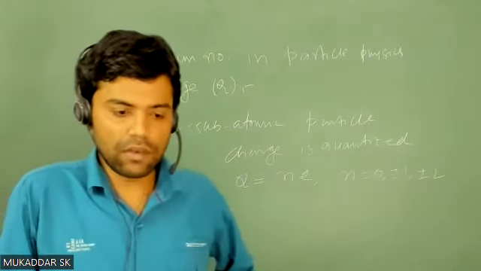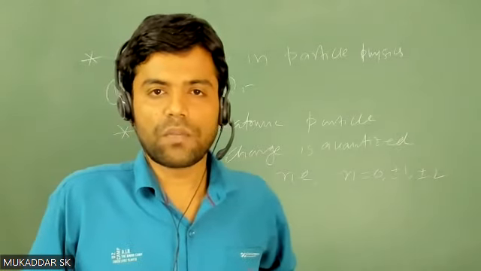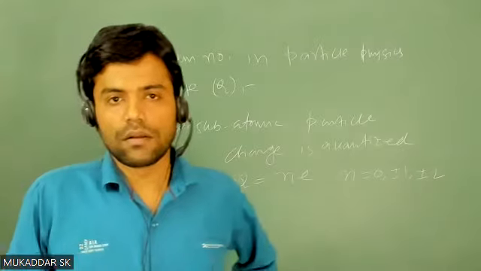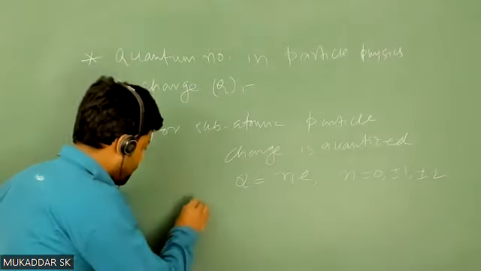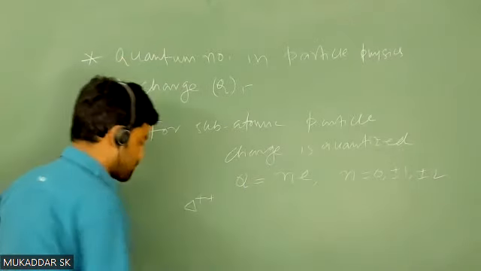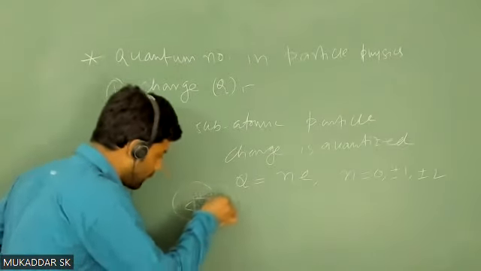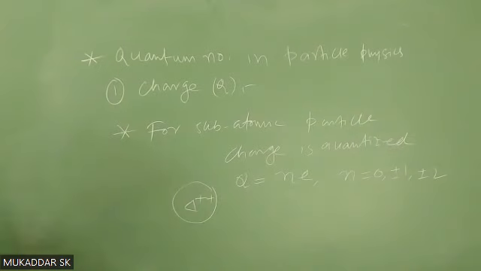Alpha is a nucleus, right? It is not a particle. In particle physics, I'll not say alpha. Just what you have written, right? You have a delta double plus. This is a subatomic particle, and the charge of this subatomic particle is how much? That is 2e.